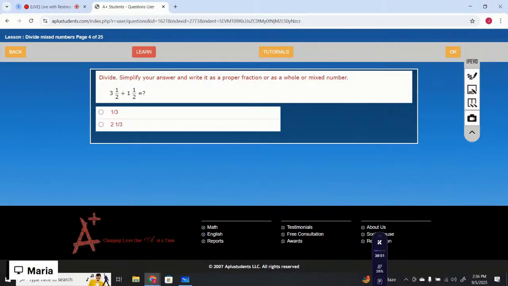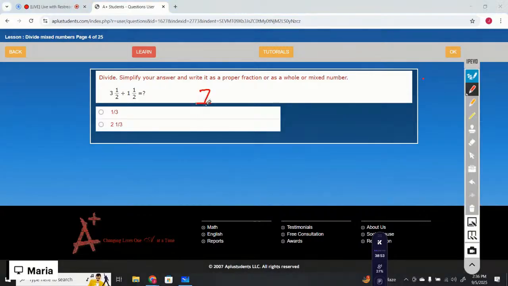3 times 2 is 6 and 1, 7 over 2. 2 times 1 is 2 and 1, 3 by 2.